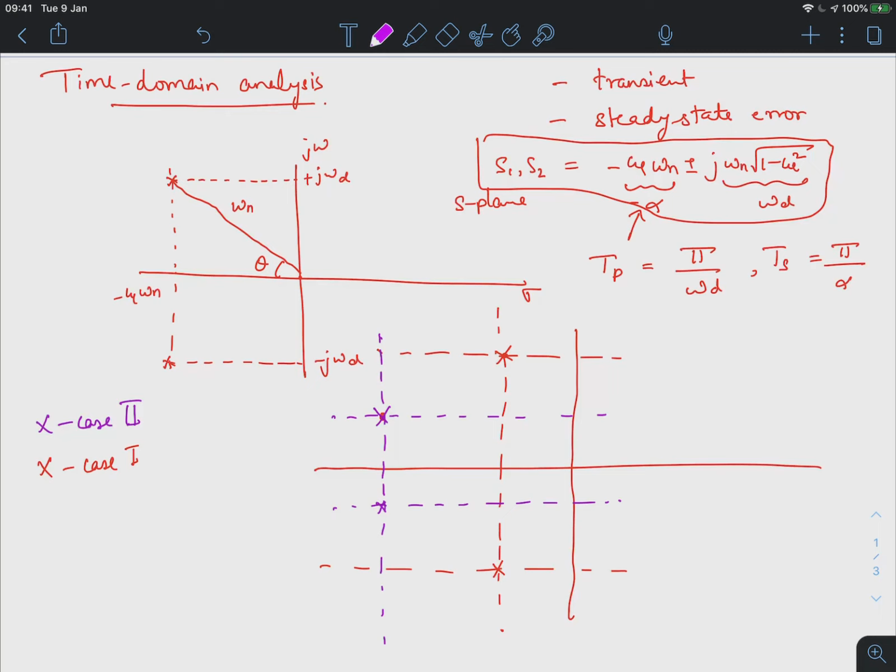Now for these two points, you see that the settling time depends on the alpha, and this line basically is the damping line.